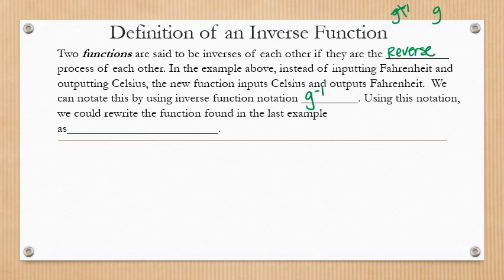Using this notation, we could rewrite the function found in the last example as g inverse of c, where our input values are c, equals 9/5 c plus 32. So this relates to the function g, but now it's the reverse process where you're inputting c instead of inputting f, which is what we had before. So this is just reversing the process.